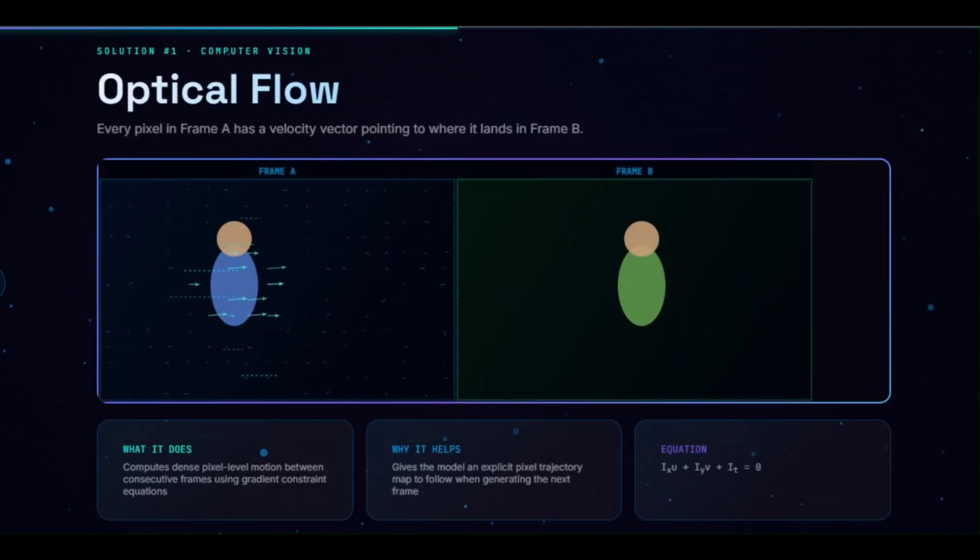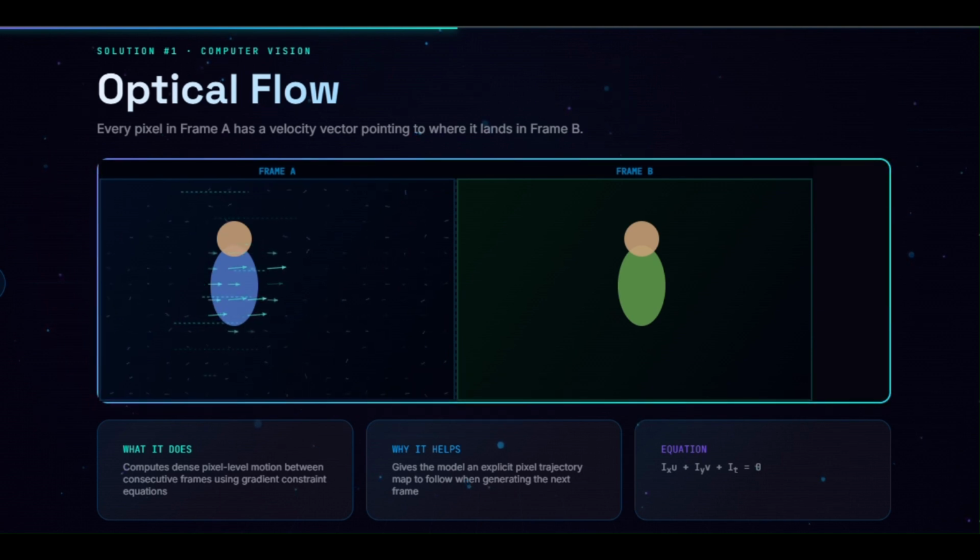One of the first solutions comes from classical computer vision. It's called optical flow. The goal of optical flow is to estimate how every pixel moves between consecutive frames. Imagine tracking every pixel in frame A and predicting where it appears in frame B. That's exactly what optical flow does. The equation shown here is called the optical flow constraint equation.